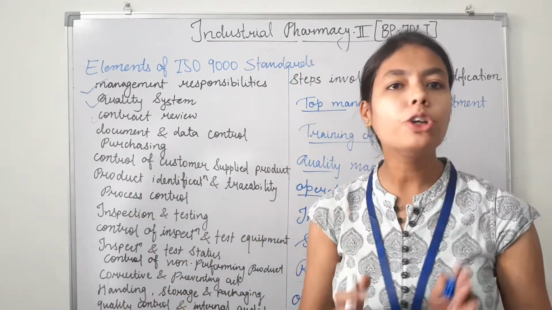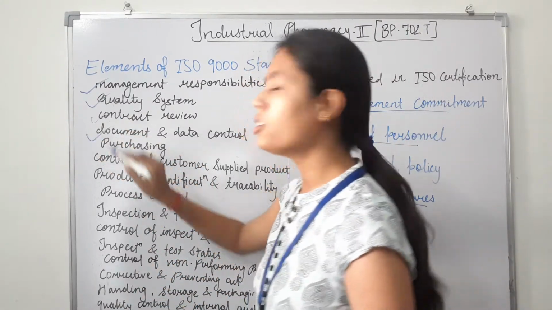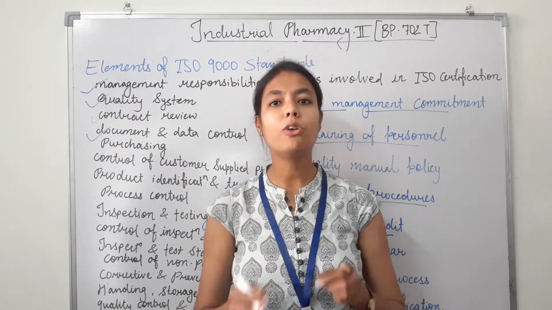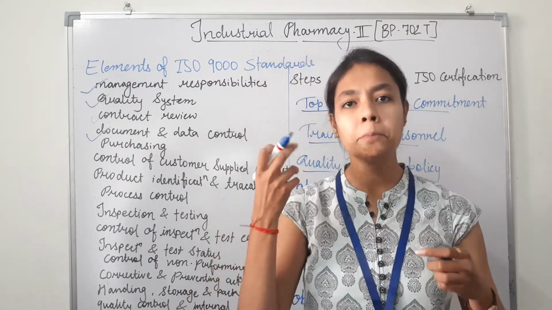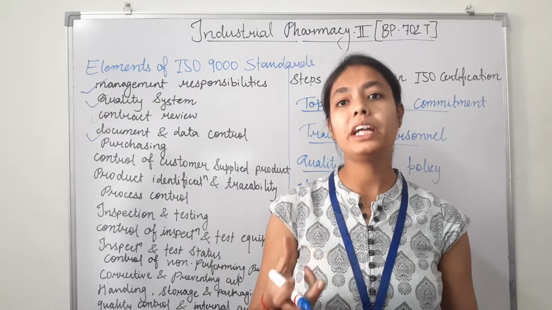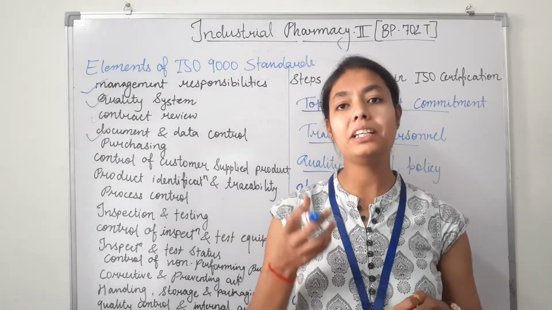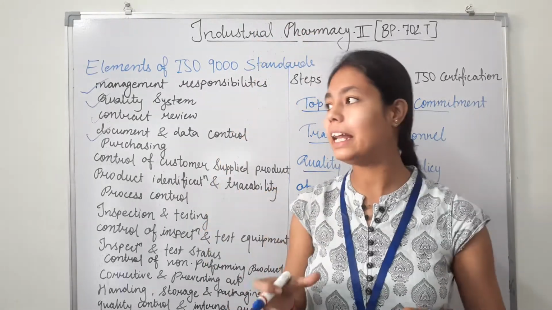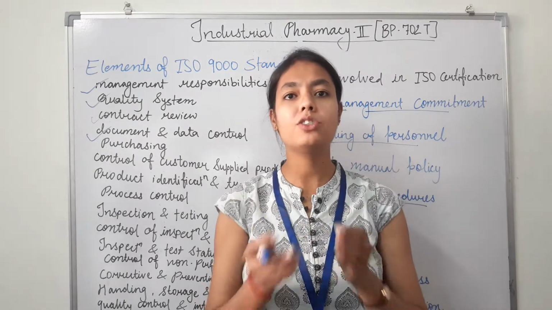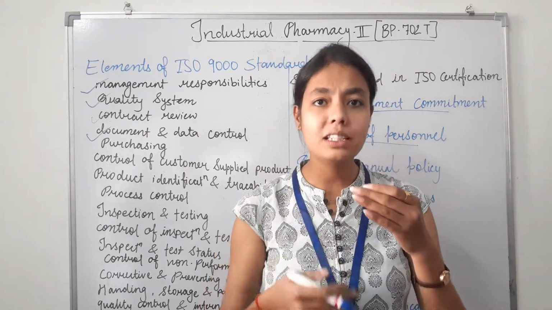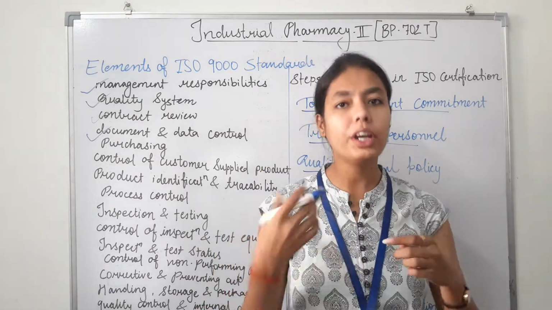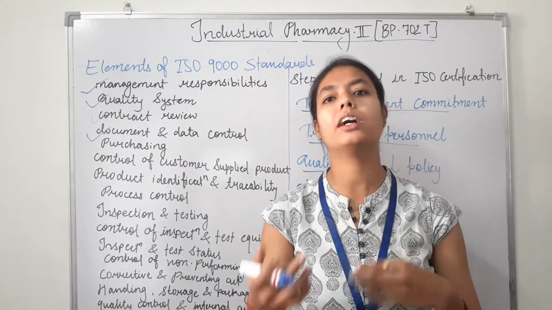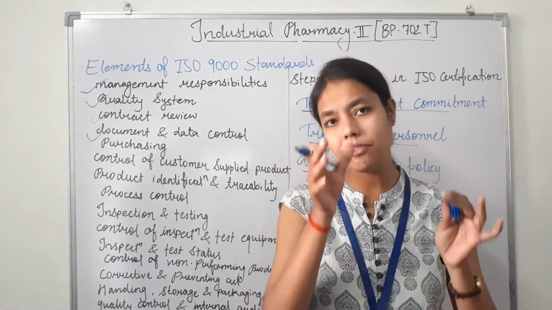Next is document and data control. It deals with how documentation should be treated. That means how we have to document any product or service. All the documents must be checked before issue or reissue after revision.